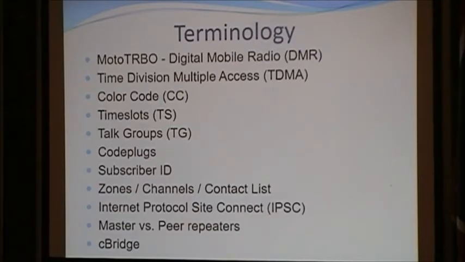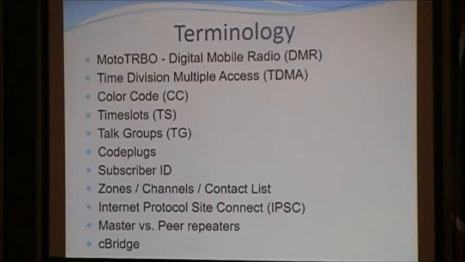You save a file to your computer and you upload that file to your radio and that programs it for you. Subscriber ID is a numerical value that you program into your radio that comes up when you transmit. It's embedded within the digital signal, and we'll cover that a little bit.